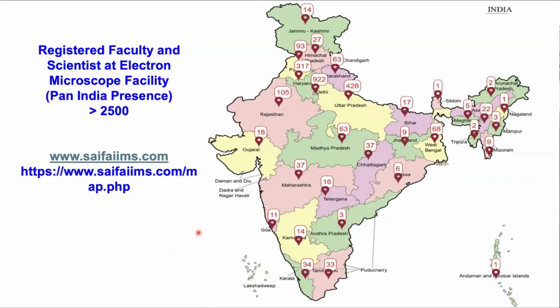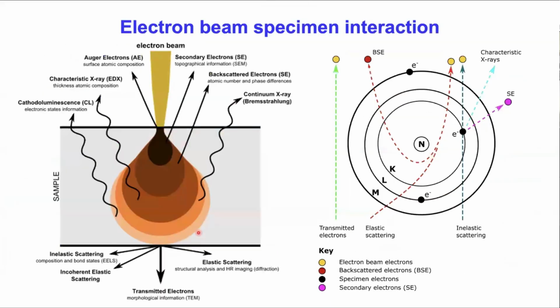So this facility is open for anybody to use. Now, with this introduction of the facility, coming to the basics: if an electron beam collides with your sample, these are the electrons which are going to be produced. Mostly biological people are concerned about the secondary electrons, which give you the topographical information.